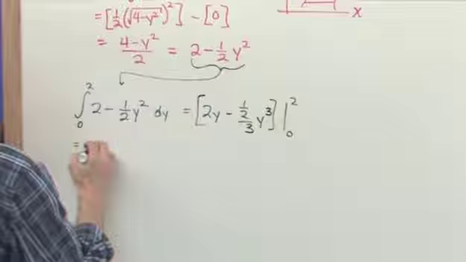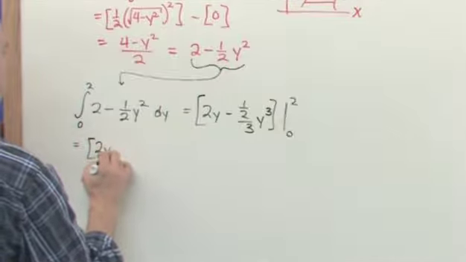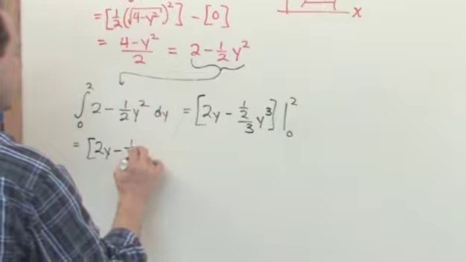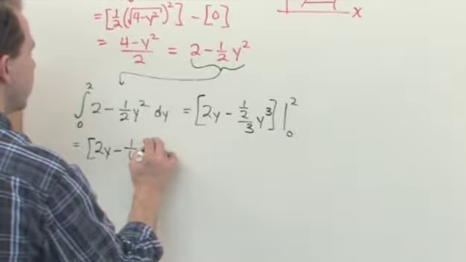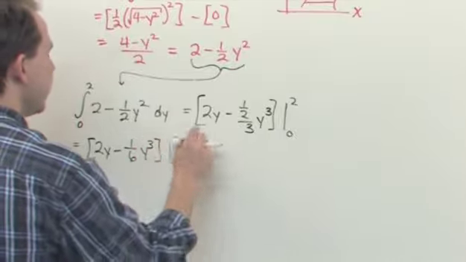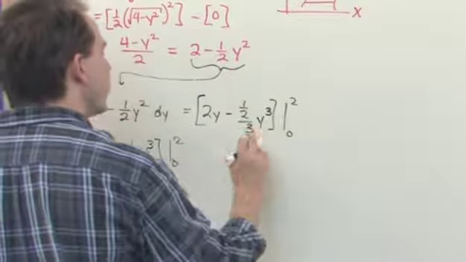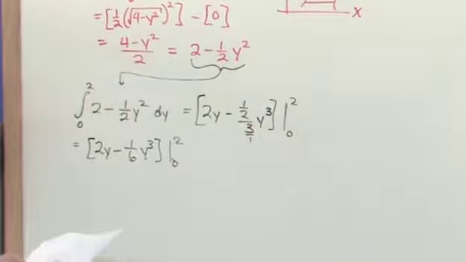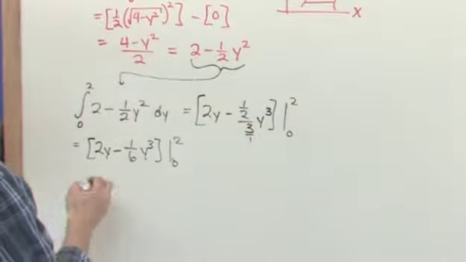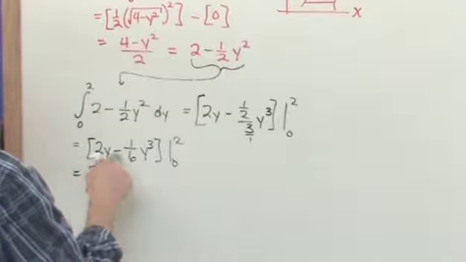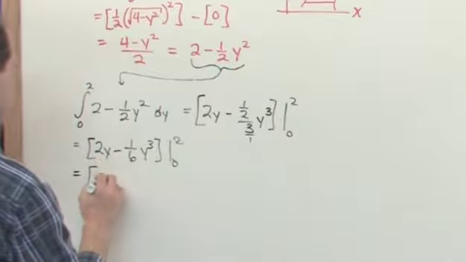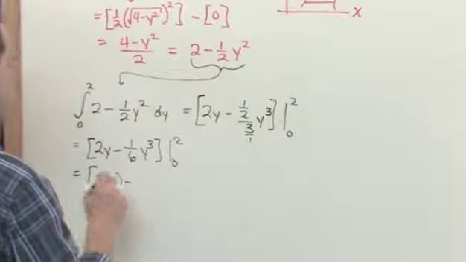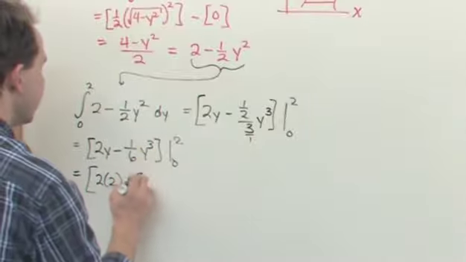So what I'm going to have here is 2y minus 1/6 y cubed evaluated from 0 to 2. It's 1/6 because this really is 3 over 1. I can take him and flip him over and multiply, so I'm going to have the 1/6 there. Okay. So at the end of the day, plugging in for 2, I'm going to have 2 times 2 minus 2 cubed is going to be 8 over 6.